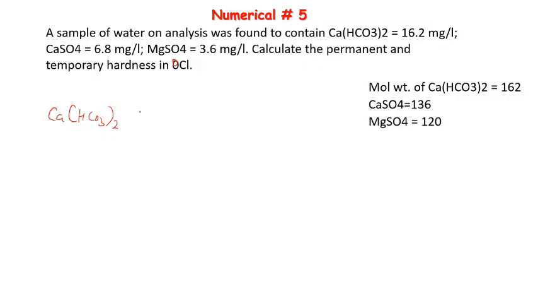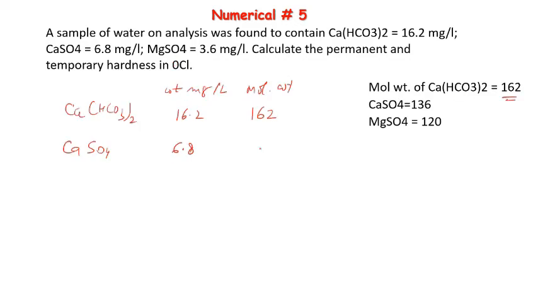Ca(HCO3)2, its weight which causes hardness is 16.2, and its molecular weight, which is given, I have written over here, 162. And the next one is calcium sulfate. Calcium sulfate is 6.8, this is in milligrams per liter, and its molecular weight is 136. The next one is magnesium sulfate. Magnesium sulfate is 3.6, and 120, right?